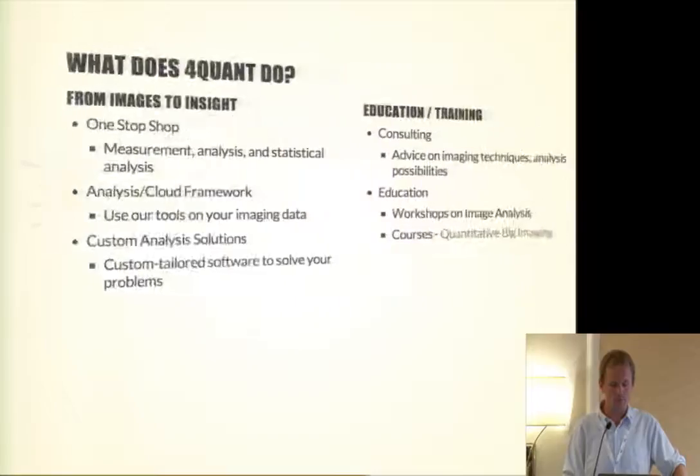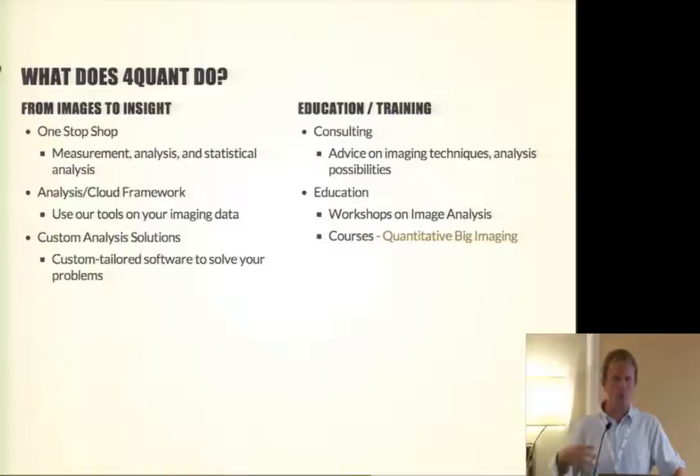So in terms of 4Quant, which is the company I mentioned at the beginning, what do they do? They do image processing and analysis as a service. They'll do measurement analysis and statistical analysis of large image data sets. They'll set up image processing tools on a cloud setup so that you can upload your data and do your analysis there. We develop custom analysis solutions.